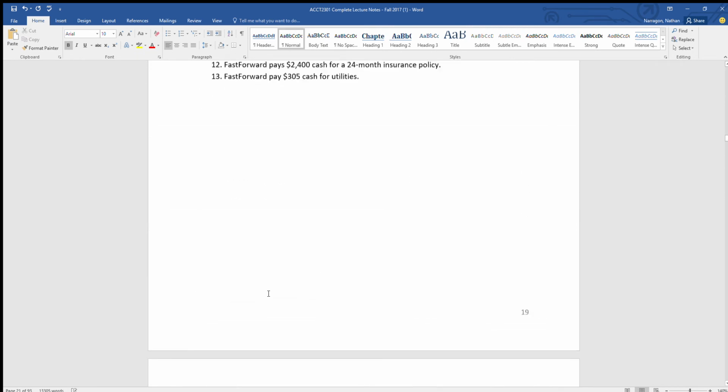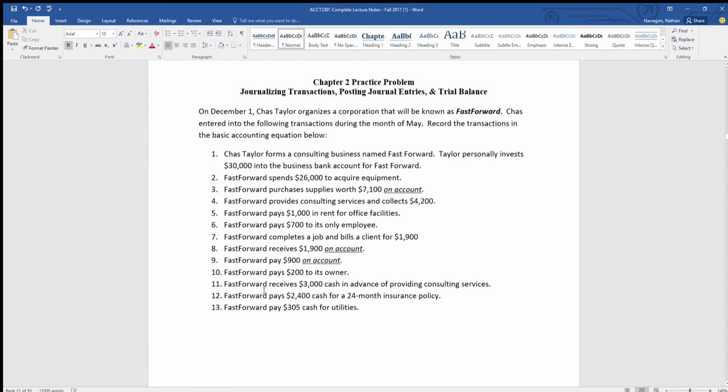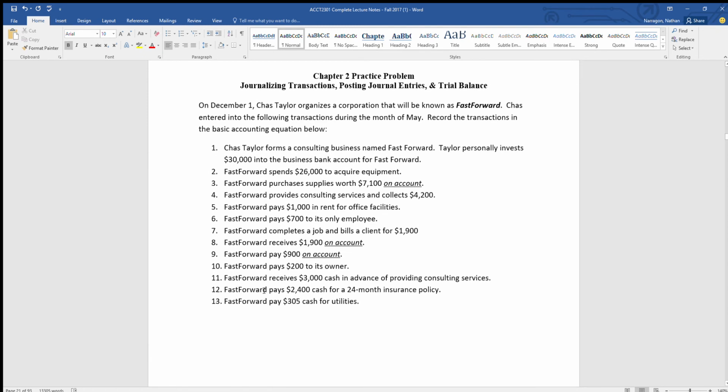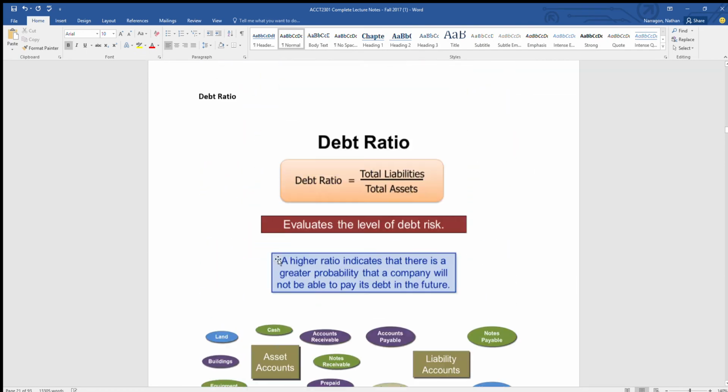So question number 2. This one we're going to have to go back and forth a little bit, but this one is our practice problem. Notice we've already done a few of these. In fact, we did the first 2 already, up above, way up here.